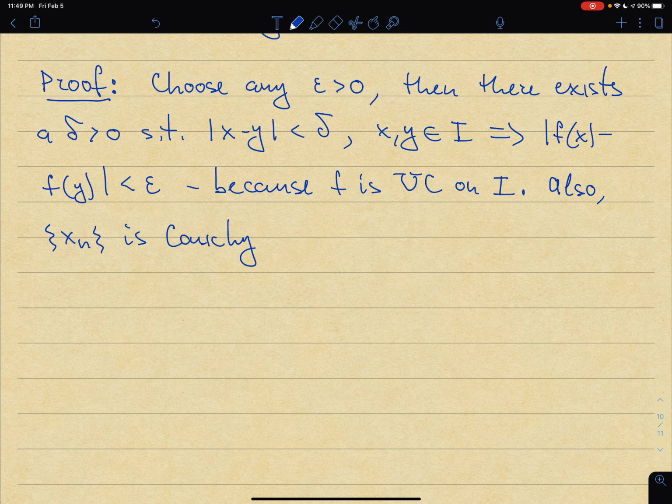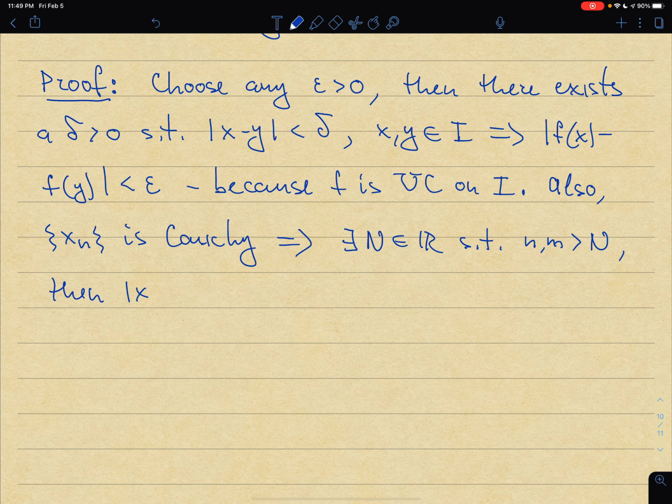So xn is Cauchy, and therefore there exists a capital N in R, such that if n and m are both greater than capital N, then xn minus xm is less than delta, right?